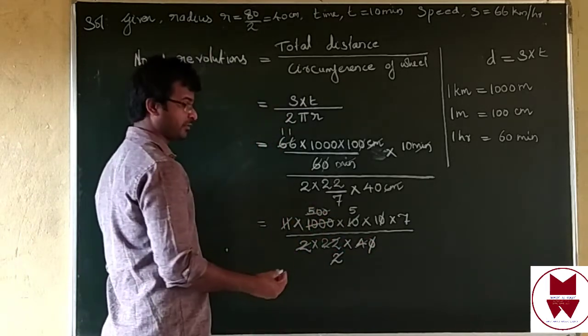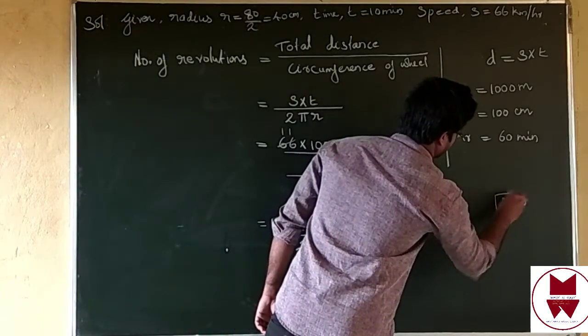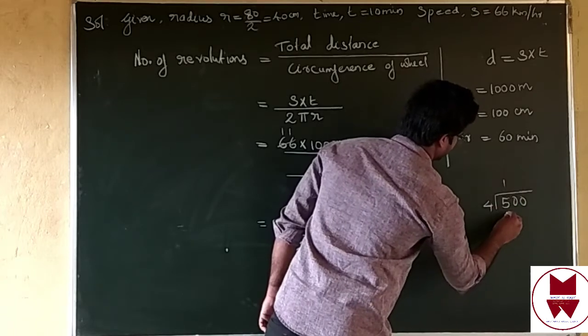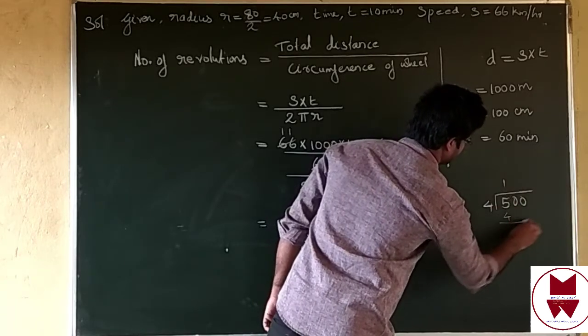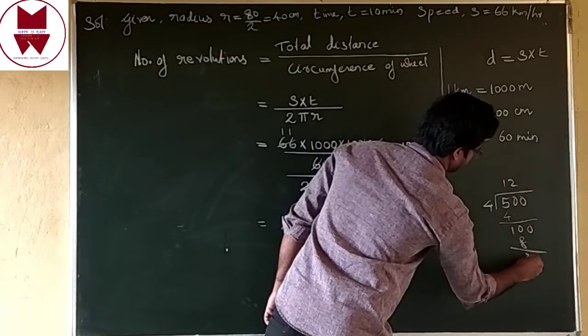504. 504, how much will come? We can do it otherwise. 4. Okay, 1 here.